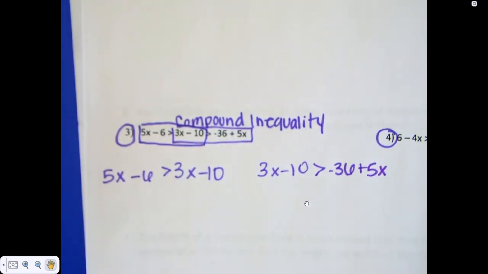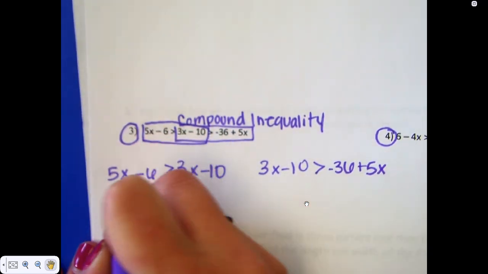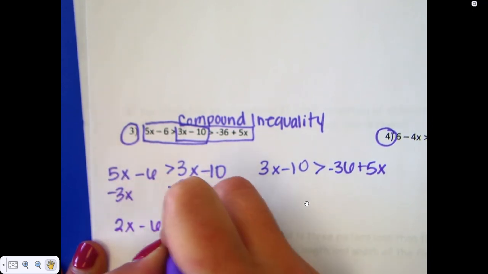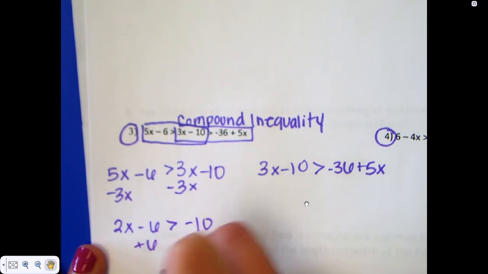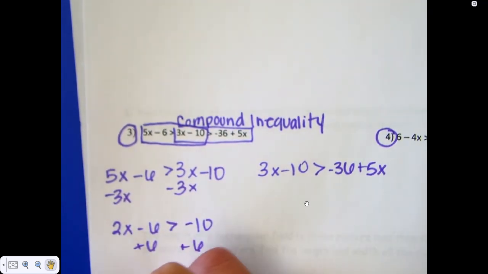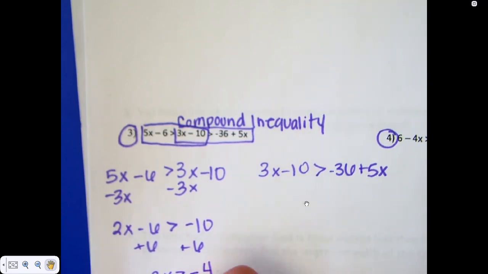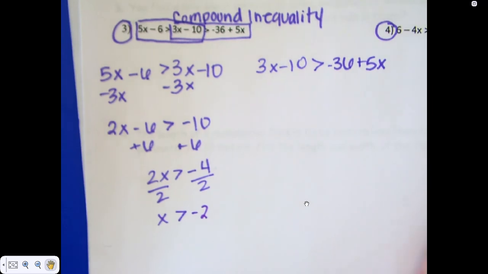And so I'm going to solve those 2 separately, and then I can get my answer. So I'm just going to solve these real quick. If you want to pause the video and solve them by yourself, you can. I did not divide by a negative, so I'm going to keep my sign the same.